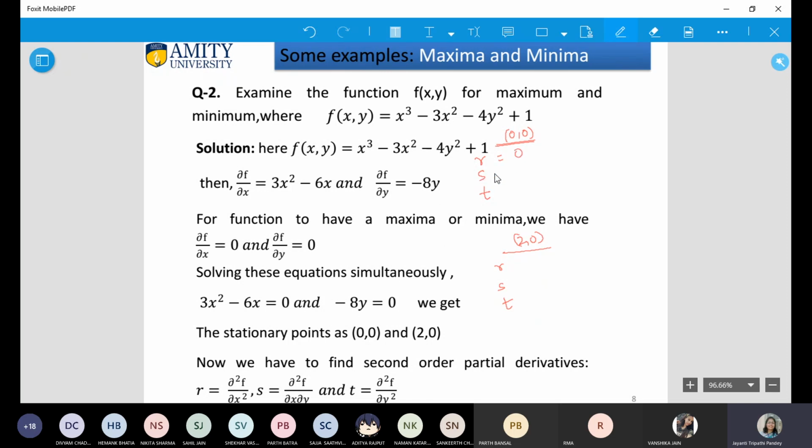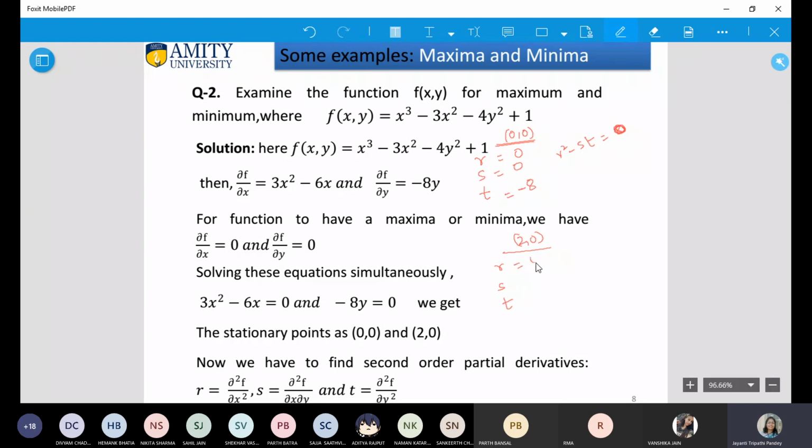S is also 0 because it does not contain y. T is minus 8. So when you write r square minus st, you are getting 0 because s is 0. So you cannot solve it further. So it's a saddle point.